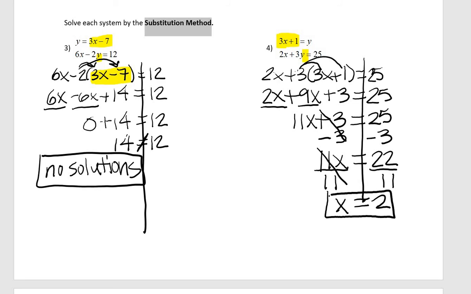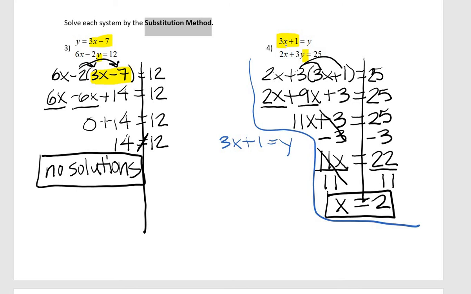So x equals 2. Once I figure out what x equals, I have to remember to solve for y after that. So what I'm going to do is use this top equation from the very beginning, the 3x plus 1 equals y, and I'm going to plug in 2 for x. Let me do that in a different color off to the side. So let me just make some space, and then I'm going to rewrite that equation. 3x plus 1 equals y.